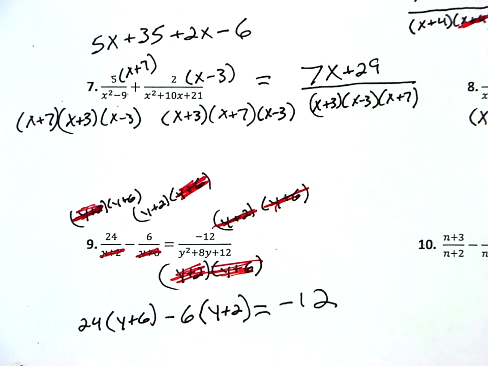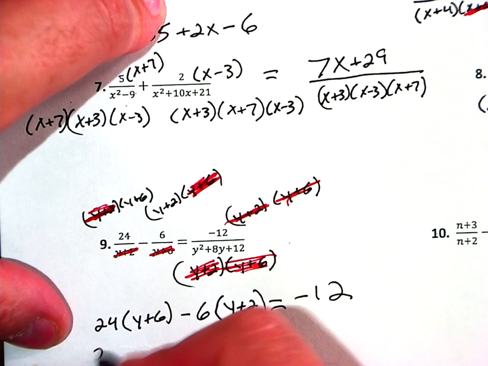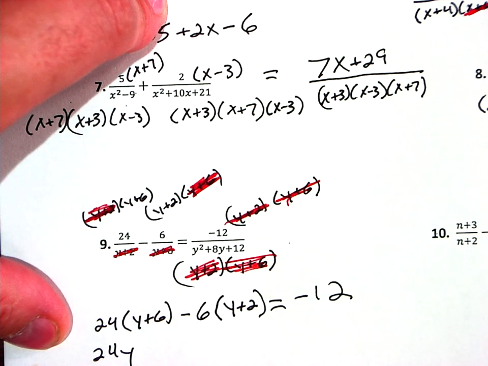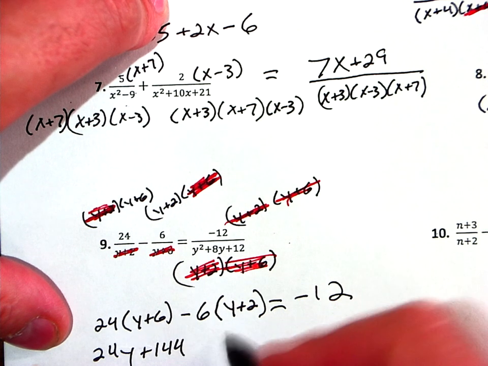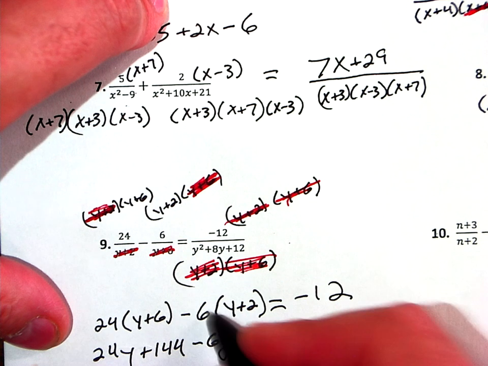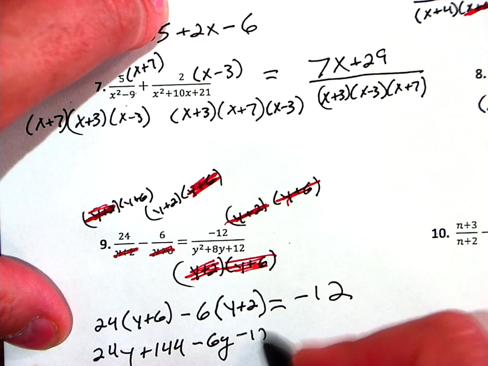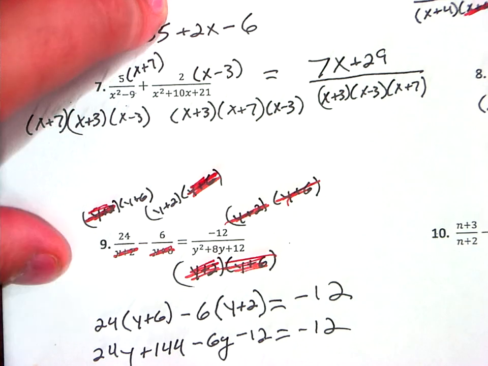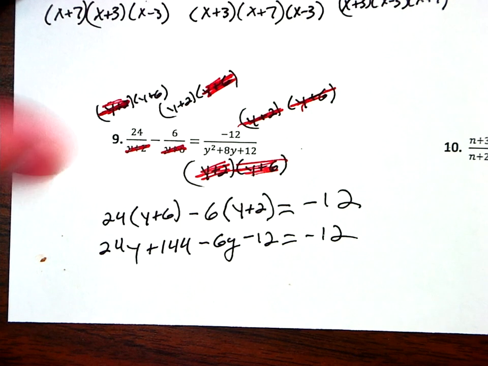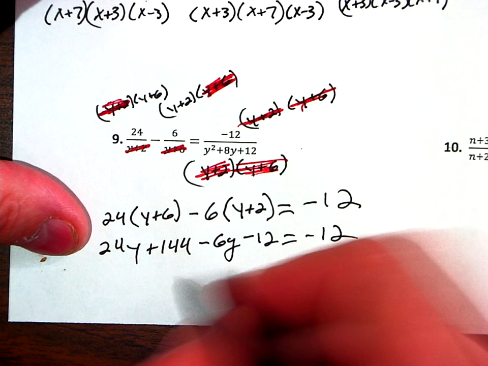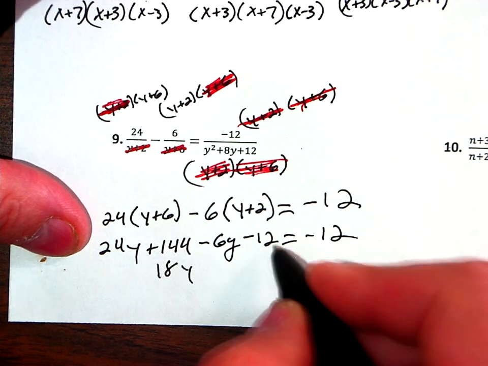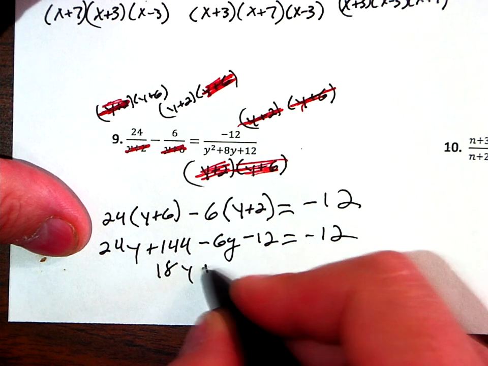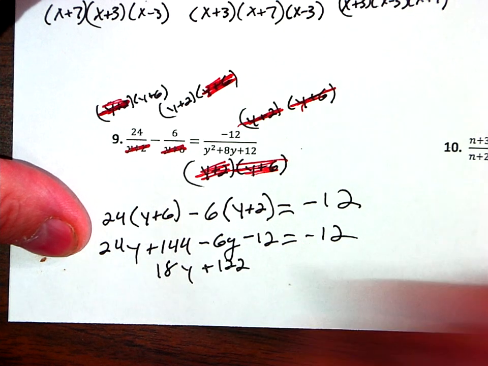So now we're going to do 24 times y, which is 24y. 24 times 6 is 144. Negative 6 times y is negative 6y. Negative 6 times 2 is negative 12. We're going to combine like terms. 24y minus 6y is 18y. 144 minus 12, 122, I think.